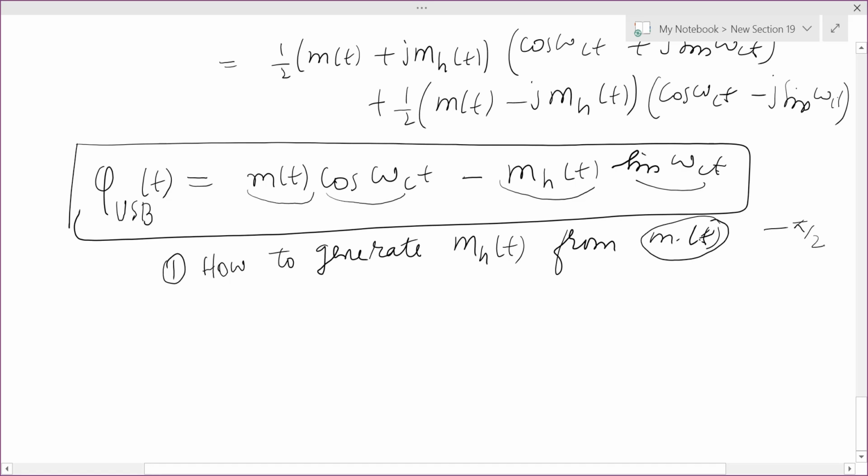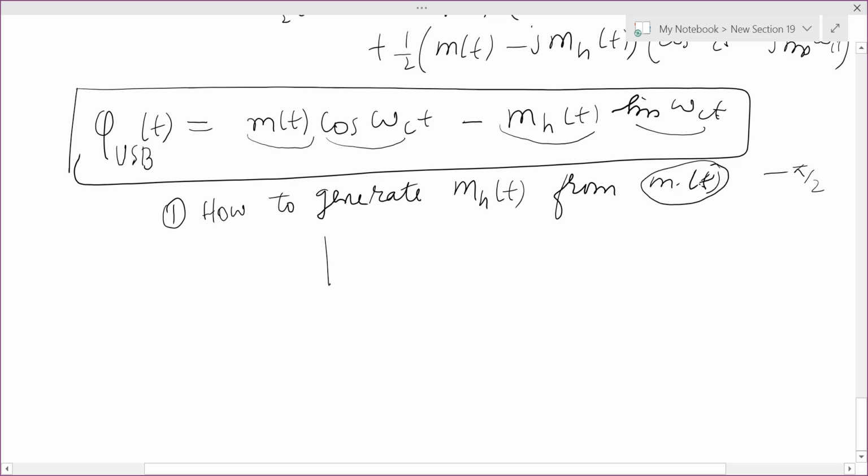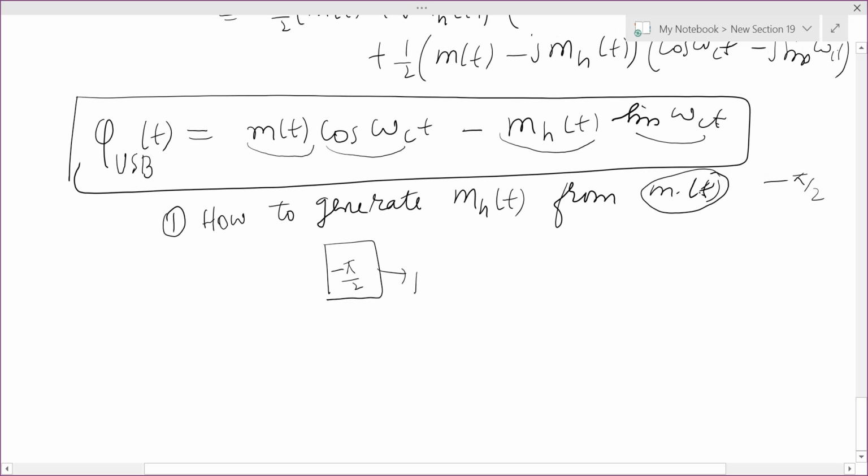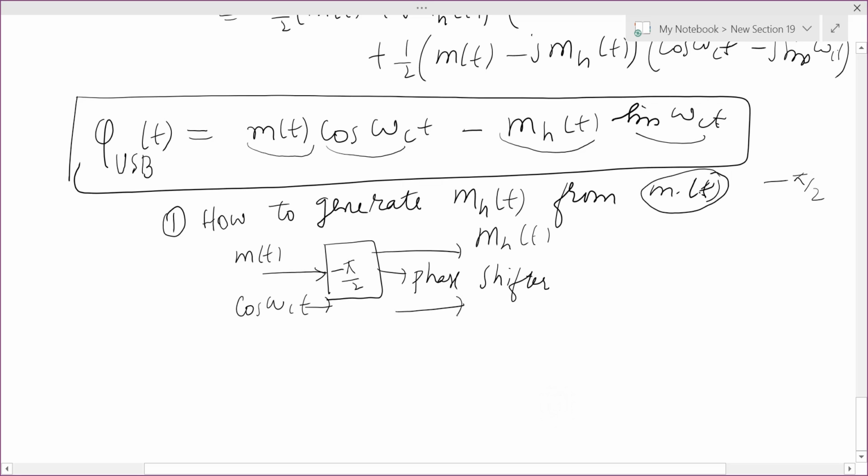So you have to use a phase shifter. Okay, if I denote the phase shifter by this box minus pi by 2, there are circuits for it, op-amp based. So if to this phase shifter I put m of t, you will get mh of t. As an example, if I put here cos omega ct, what is the minus pi by 2 shift of it? Sine omega ct.